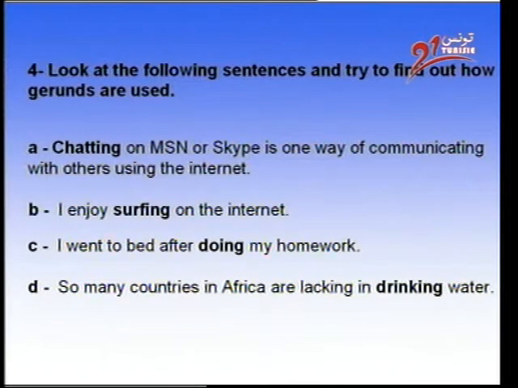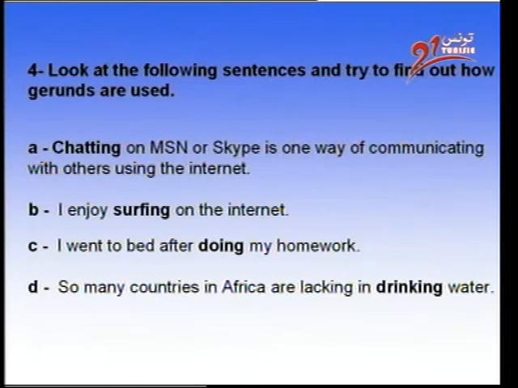I enjoy surfing on the internet. Surfing is the gerund. It is used after the verb enjoy. Good. I went to bed after doing my homework. Doing here is the gerund, and it is used after the preposition after. So many countries in Africa are lacking in drinking water.